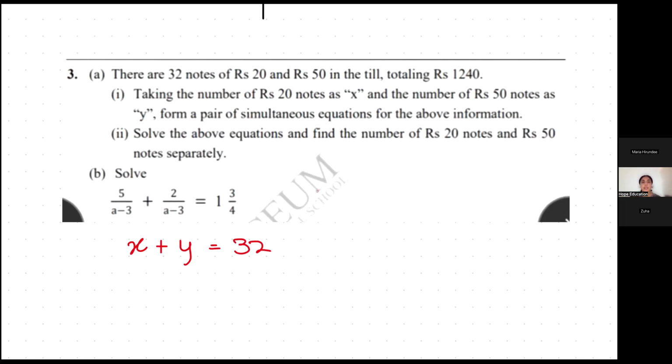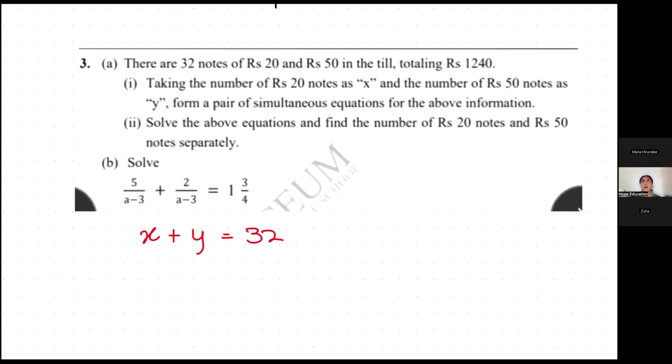Next, okay, so if there are x number of 20 rupee notes, right? One 20 rupee note is 20. Two 20 rupee notes is 40. Three is 60. Five is 100. Likewise, here there are x 20 rupee notes, plus y 50 rupee notes.